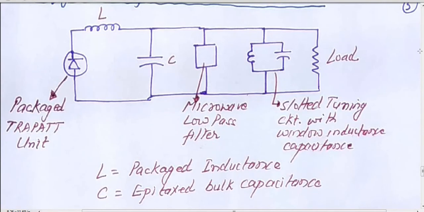The traveling wave type microwave low pass filter is located at lambda g by 2 from the chip. The cutoff frequency of this filter is kept just above the TRAPATT oscillator frequency. A negative going pulse propagates down the line from the diode to the LPF.